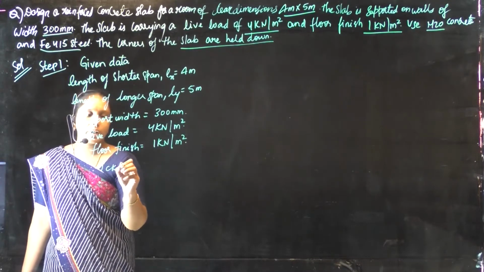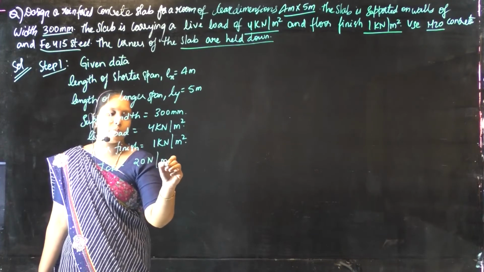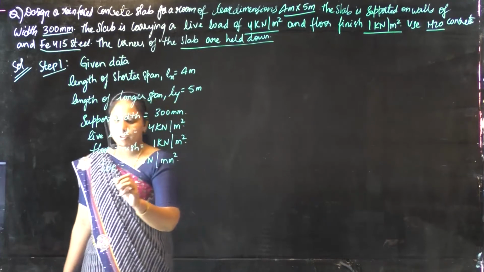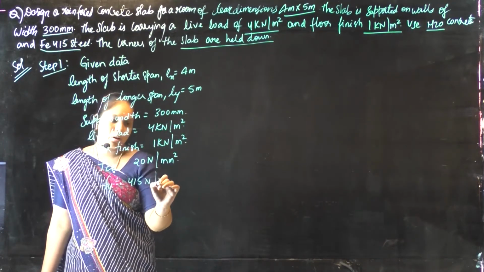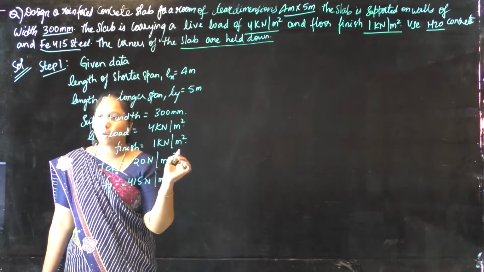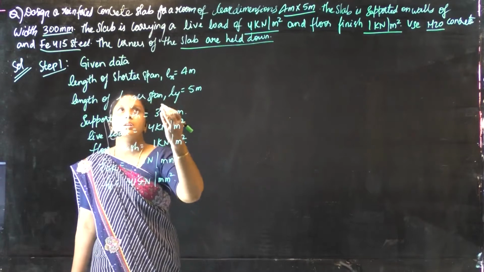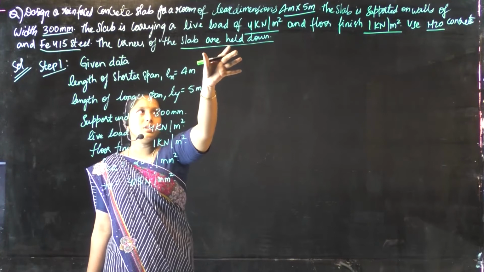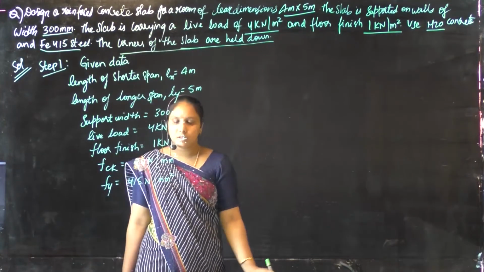The grade of the concrete is 20 Newton per mm square, and the grade of steel is also given here, which is 415 Newton per mm square. So this is the given data and the condition given is that the corners of the slab are held down.